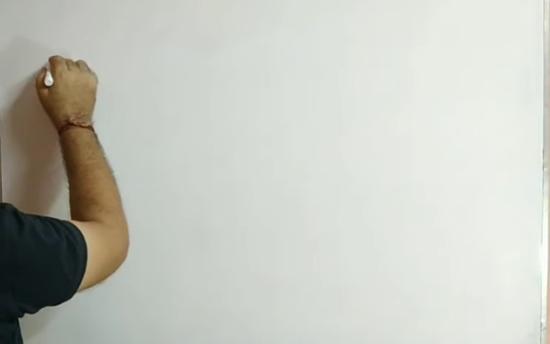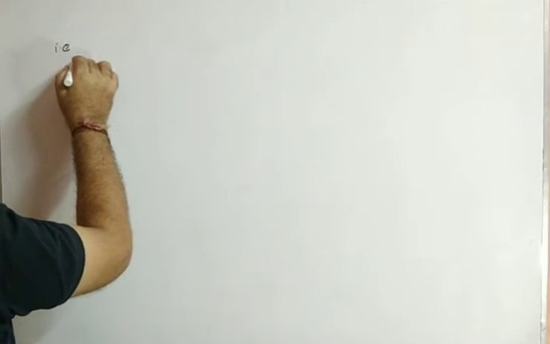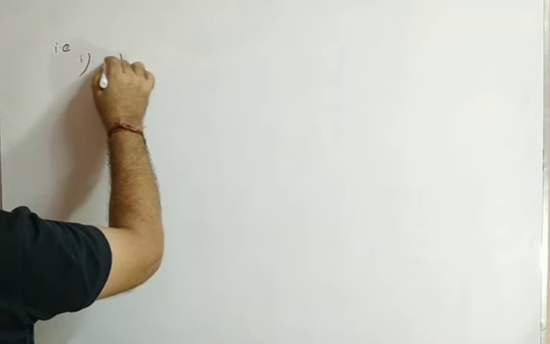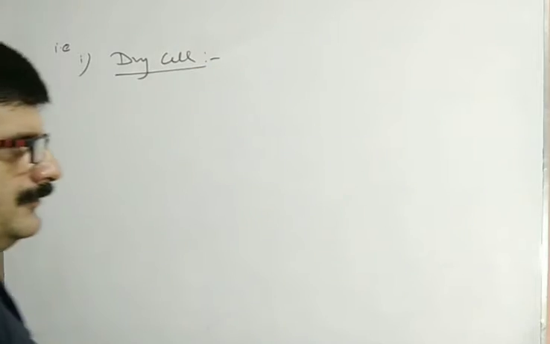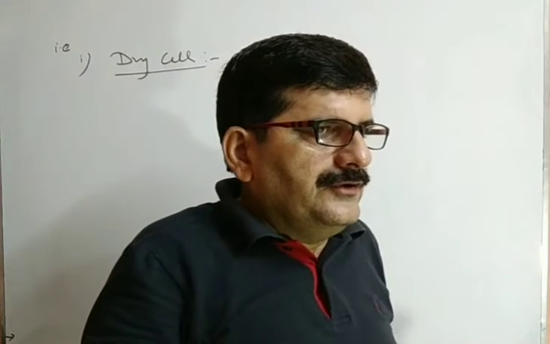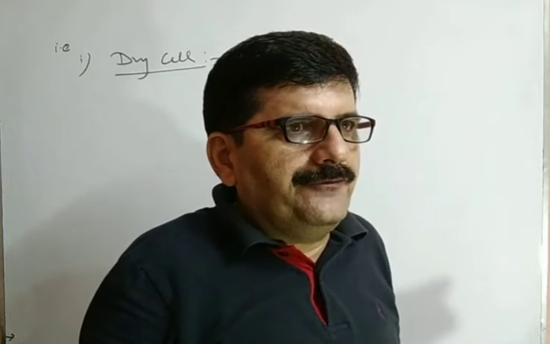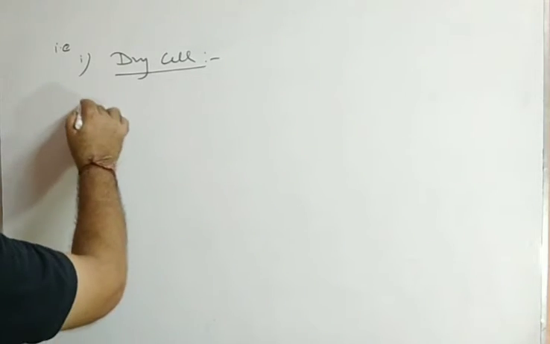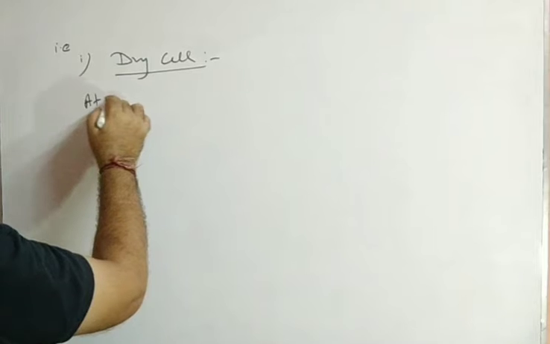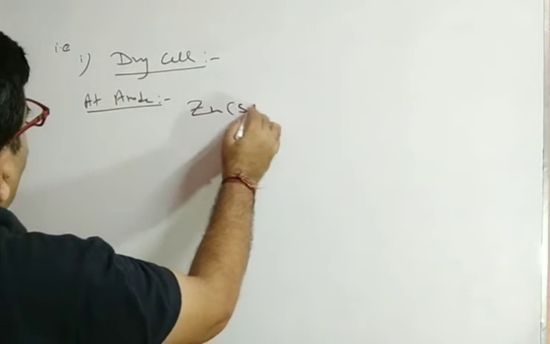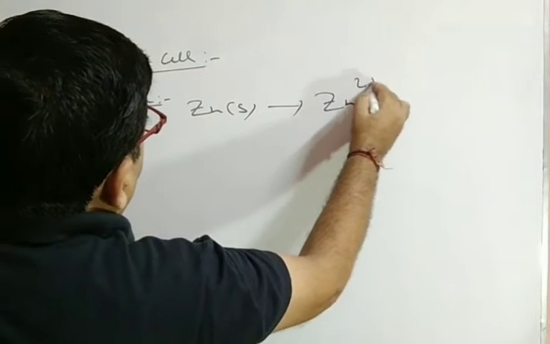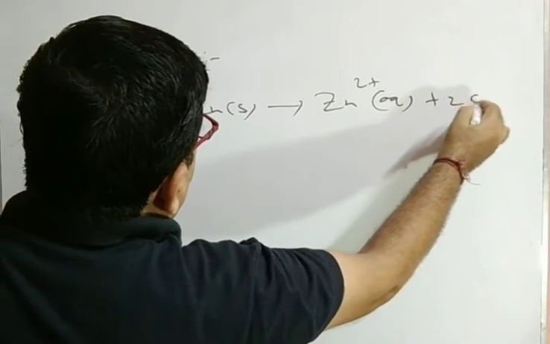Let us consider some primary cells. First number, dry cell. The following cell reactions are possible at different electrodes. At anode, solid zinc is converted into zinc 2+ aqueous plus 2 electrons.